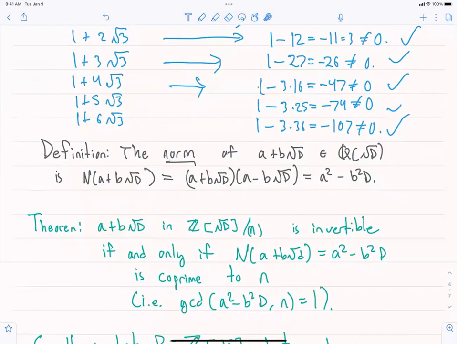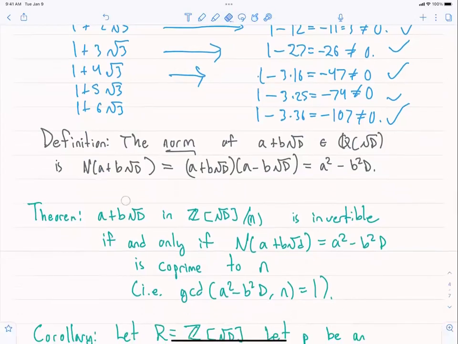And it's not so hard to go the other direction too, but let me not discuss that. This really gives you a way to check whether an element is invertible, and it also gives you a way to compute: you rationalize the denominator, and then you compute the inverse in Z mod nZ for the norm, A squared minus B squared D.